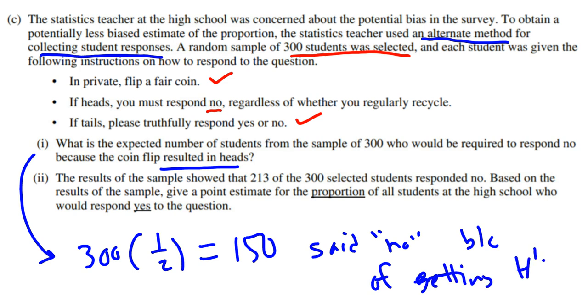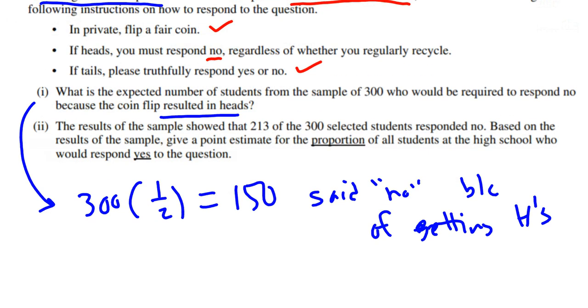Okay, so then finally, based on the results of the sample, give a point estimate, which is a fancy word for just an estimate, for the proportion of all students at the high school who respond yes to the question. So notice here, when everything was said and done, 213 students of the 300 said no. So here's where you have to be a little bit clever.